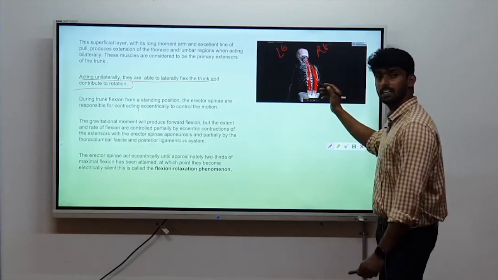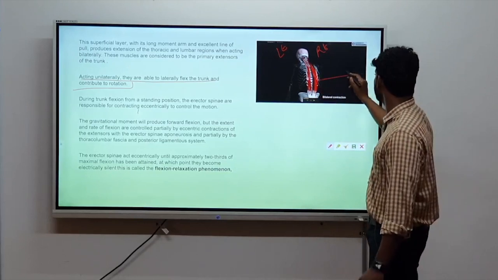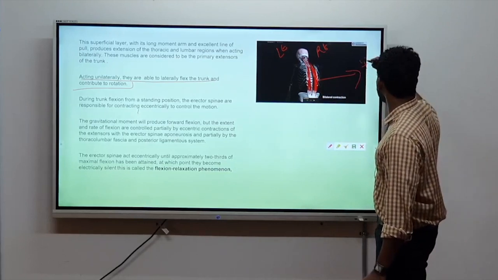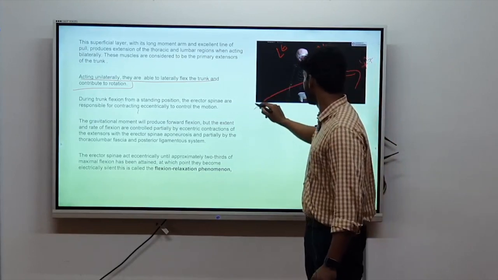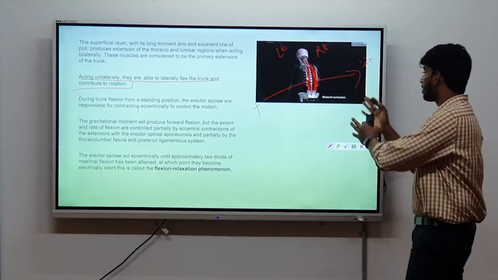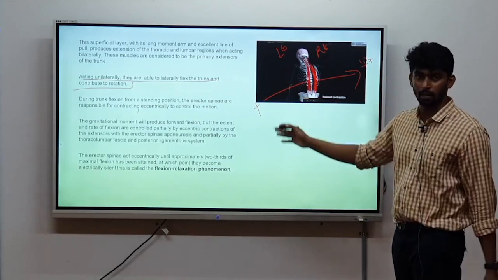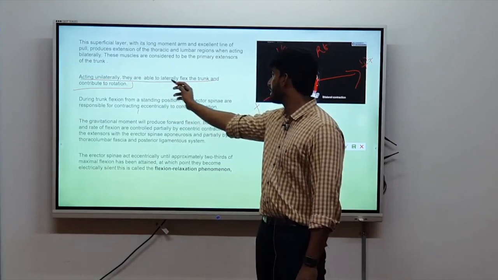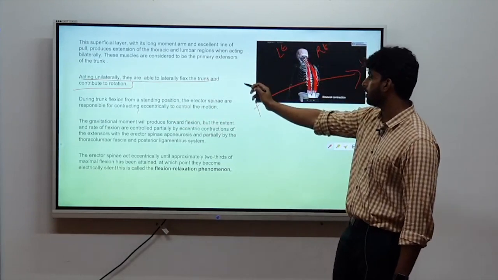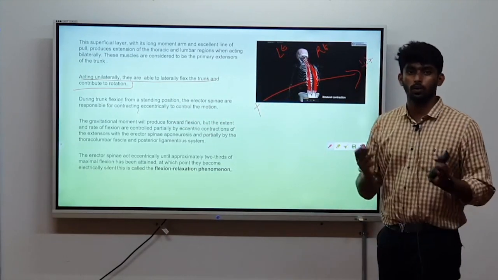If the right-sided posterior muscle is acting more, and the left side is acting very minimally by comparison, that makes a difference. Acting unilaterally, they will be able to laterally flex the trunk and contribute to rotation.